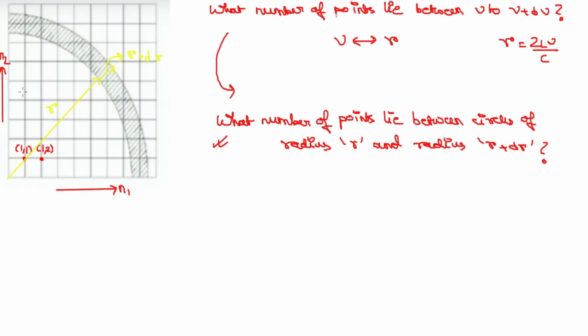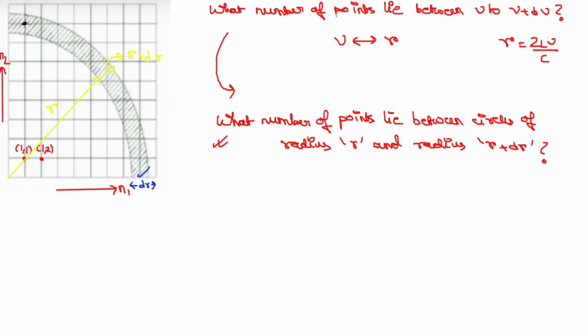Now the hatched area is basically the segment between the two circles, between radius r and radius r plus dr. So this is my dr. So now the question that I'm asking is, what are the points which lie between this hatched area? So let's try to count.